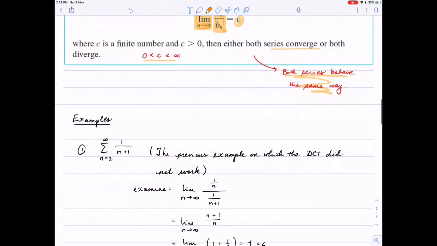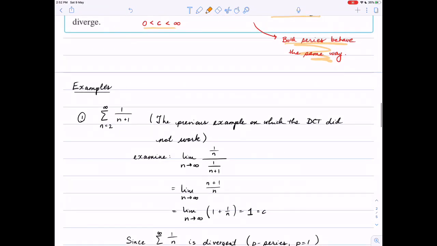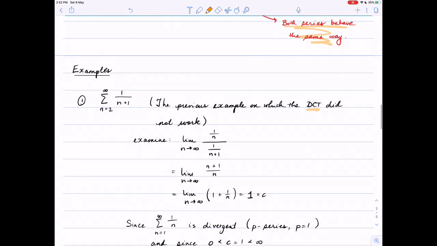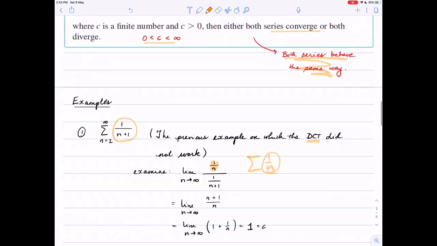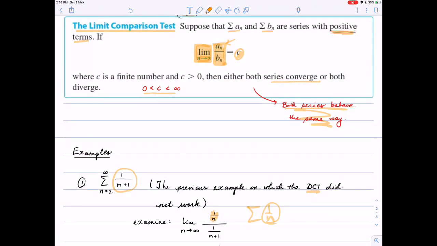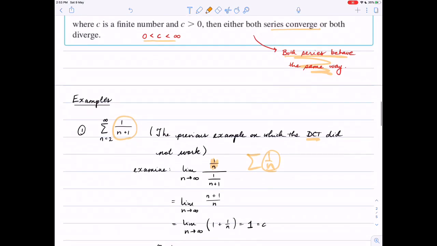So let's look at the previous example, which did not work with the direct comparison test. If we imagine comparing this to the harmonic series again, we're doing the ratio of their terms, the nth term of one series and the nth term of the other series.